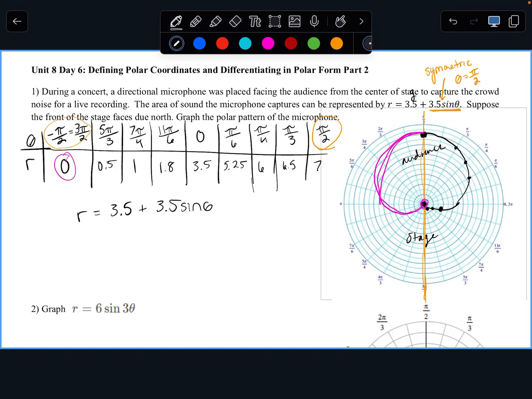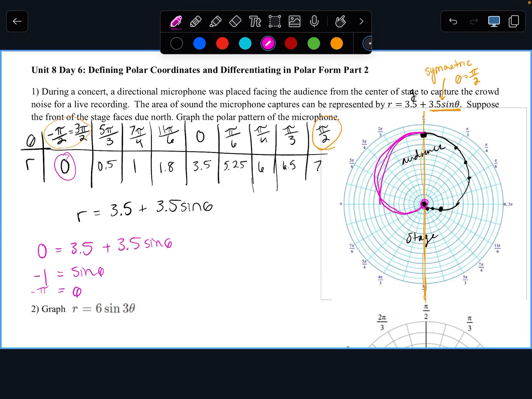So for this, what I like to do if I'm just totally ballparking it is figure out when does this equal 0? 3.5 plus 3.5 sine theta. If you solve that, you get sine theta equals -1, and then you can figure out when does that happen?